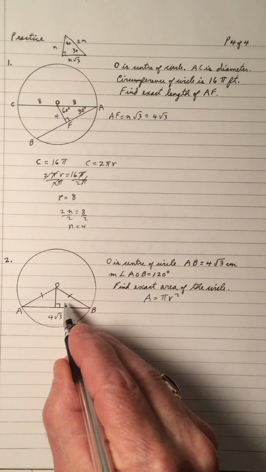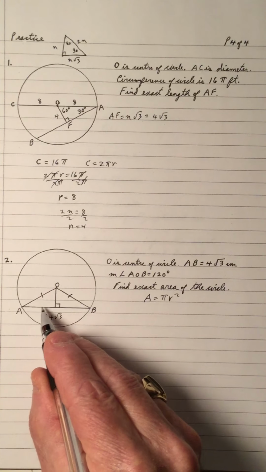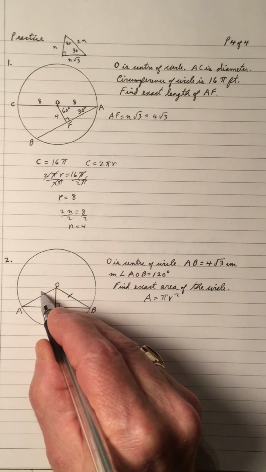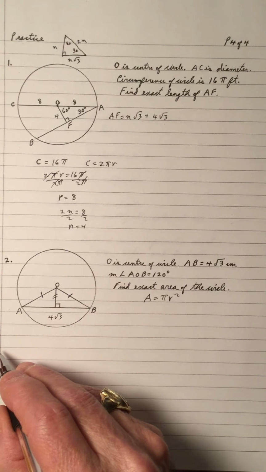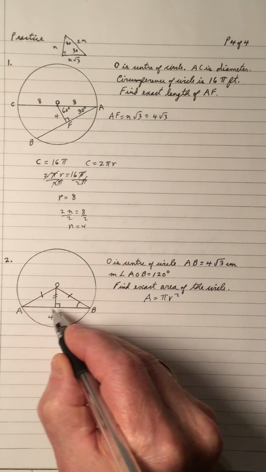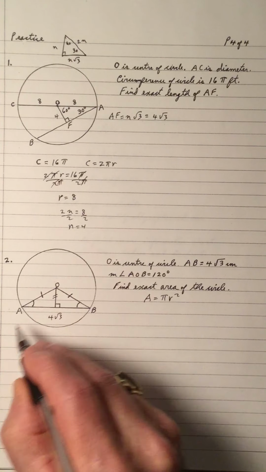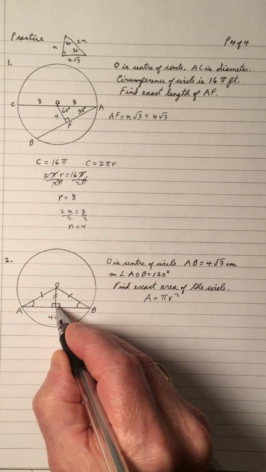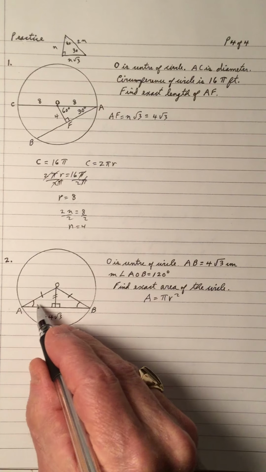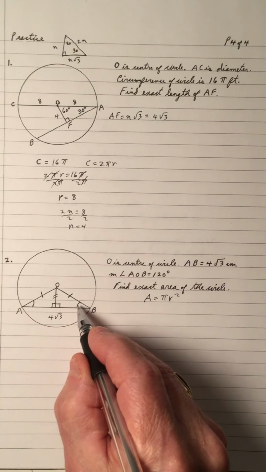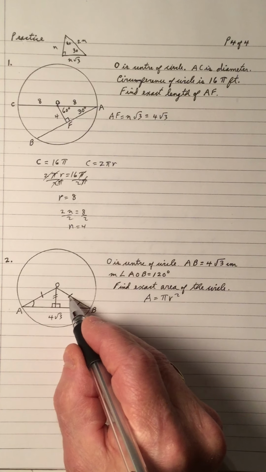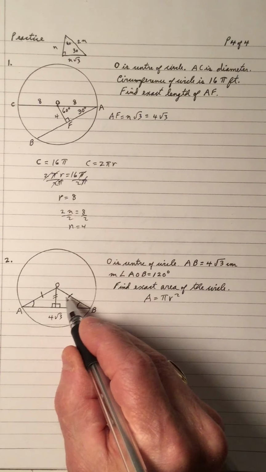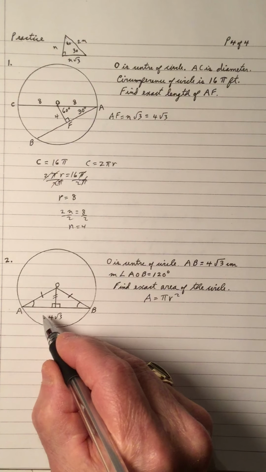So what happens? Notice that these two triangles are congruent. This side equals this side, radii are equal. That side is equal to itself, common. This angle right here is equal to this angle. This angle right here is equal to this one. So these two triangles are congruent by angle, angle, side, or it could be HL, hypotenuse, leg, but the triangles are congruent.